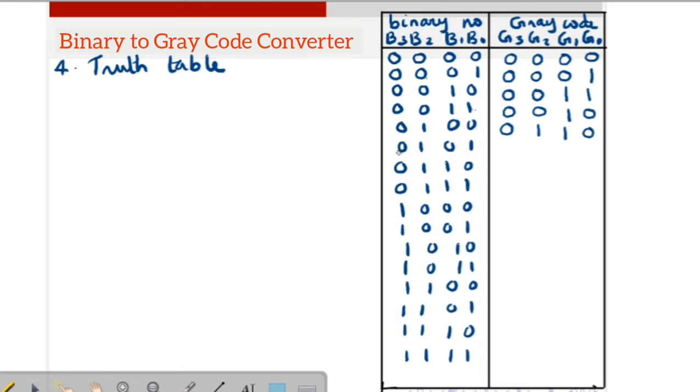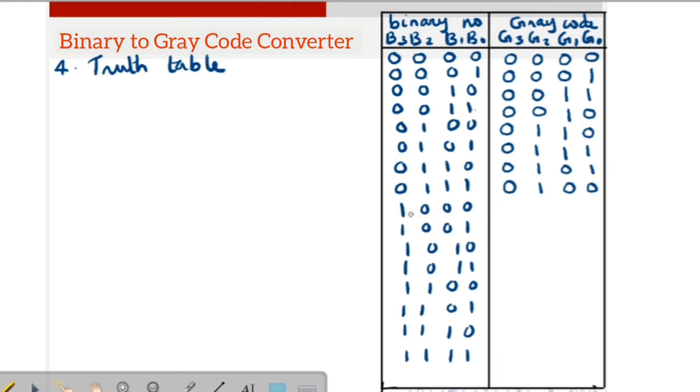Then G3 same as B3, these two different, so 1, these two different, so 1, these two also different, so 1. Then 0, these two different, 1, same, 0, different, 1. Then 0, these two different, 1, same, 0, here also same, 0.